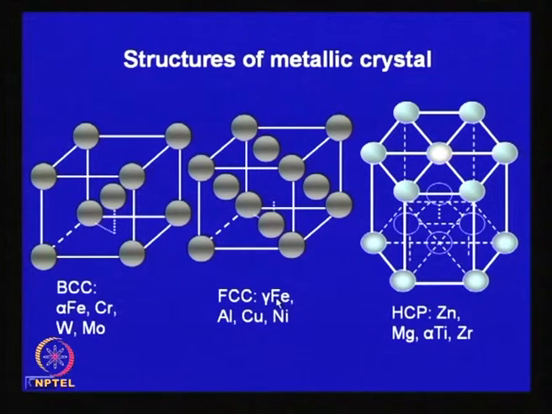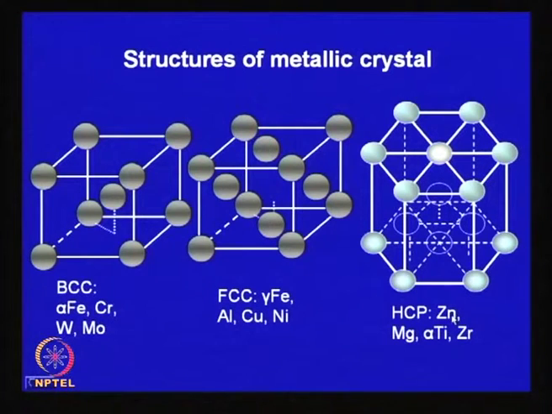You get this at higher temperature, and here you have atoms at the corner of the cube and each of the face center. And hexagonal close pack structure you get in metals like zinc, magnesium, alpha titanium. This is the room temperature form of titanium, and zirconium, and several others.